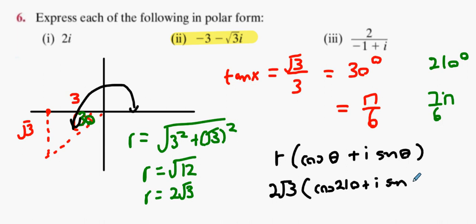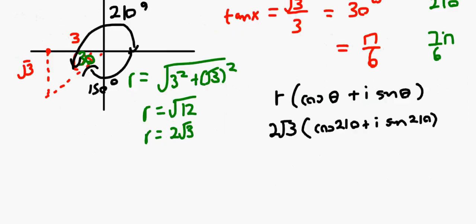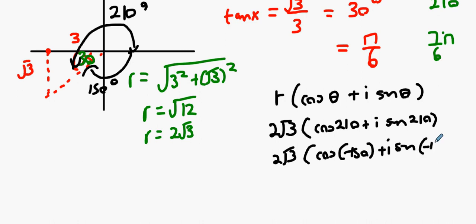Now, going 210 degrees anti-clockwise is equivalent to going 150 degrees clockwise. Do you get what I'm saying? So another answer could be this: 2 root 3 cos minus 150 plus I sine minus 150.